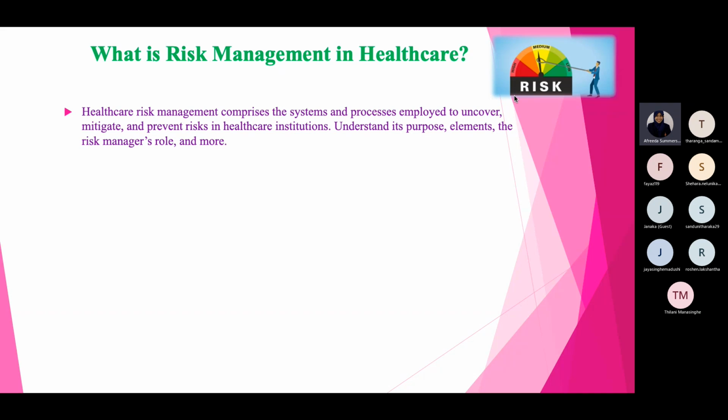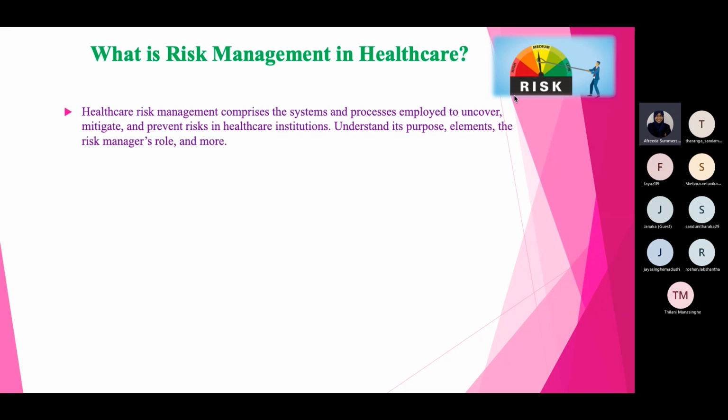healthcare sector, right? So the first point is: healthcare risk management comprises the systems and processes employed to uncover, mitigate, and prevent risk in healthcare institutions. Healthcare institutions means hospitals, anywhere that is related to patient safety. But we can also say, when you have students in a school, what are the health risks they can face and how we can mitigate those risks.